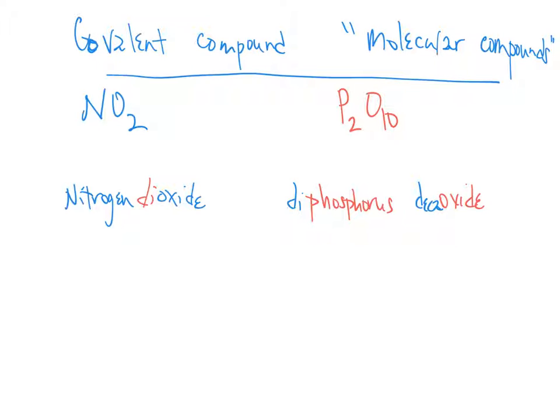Oh, and an acid. They talk about acids. And all acids mean, at least at this point in time for this class, first of all, it's got to be an aqueous solution.